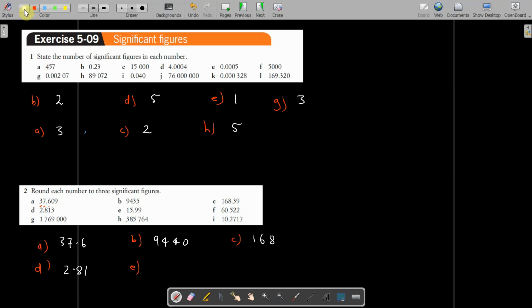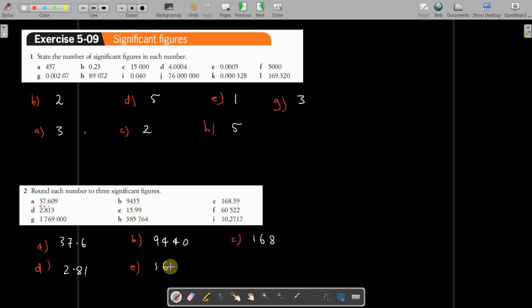E, 15.99. That looks like it's going to go 1, 5, 6. Sorry, once that goes up. And we want 3 significant figures, 1, 5, 9. Tricky one because the 9 goes up. And that goes up.